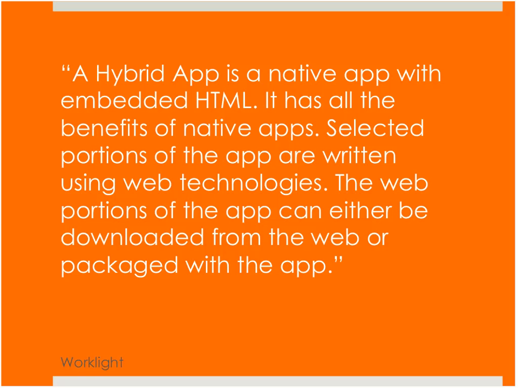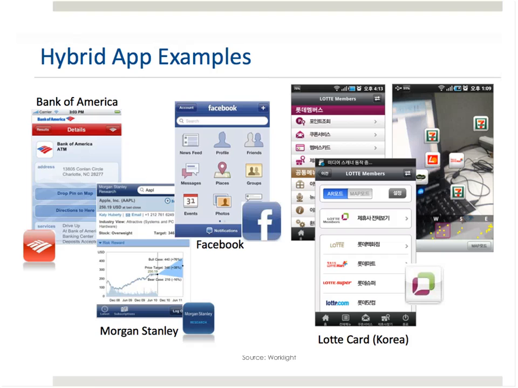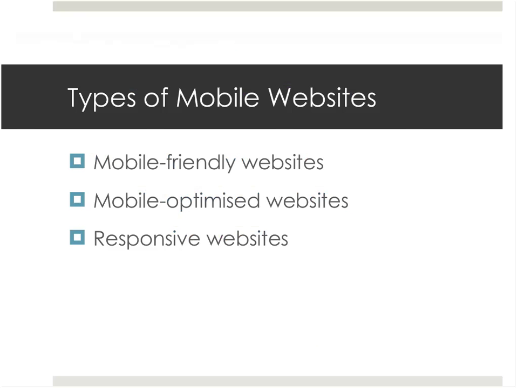So it's got all the benefits of native apps, which we'll discuss a little bit more in a couple of slides. And the great thing about this is it wraps web technology so that you can still access web functions. And here we have some examples of it, the Facebook app being probably one of the most popular and famous ones.